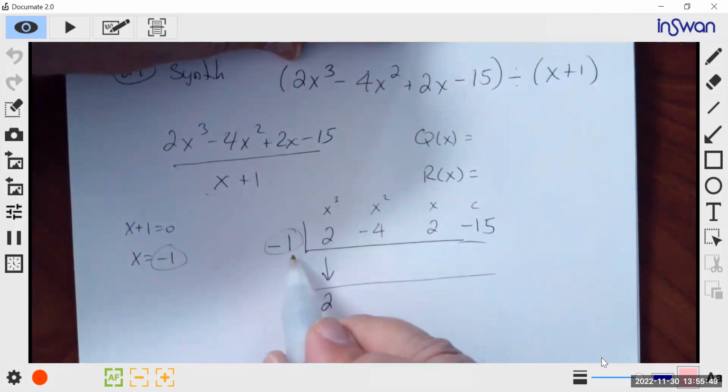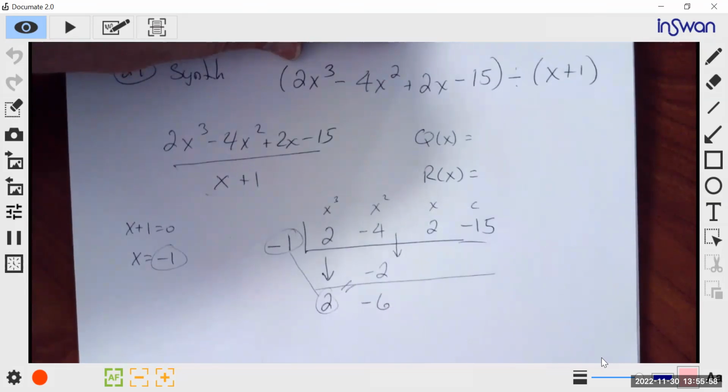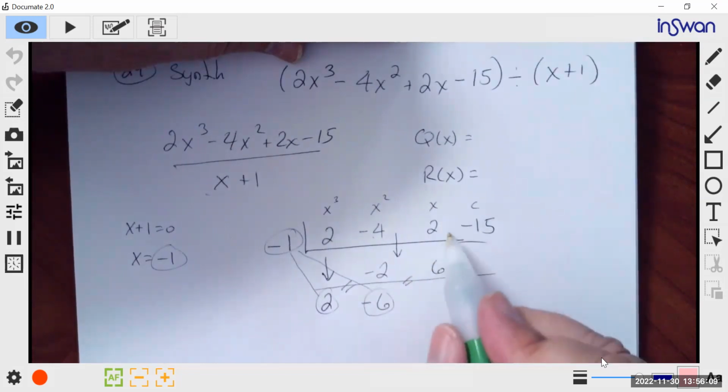Multiply and add. So -1 times 2 equals -2. Add. -4 plus -2 is -6. Multiply. -1 times -6 is 6.